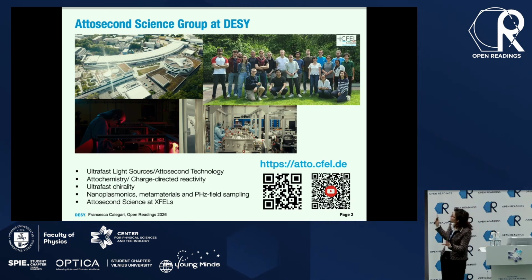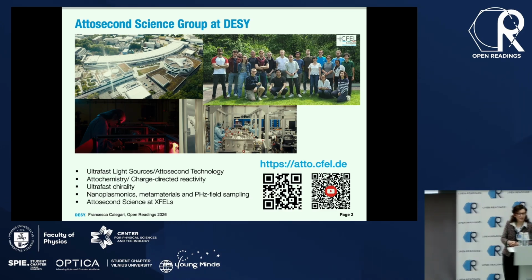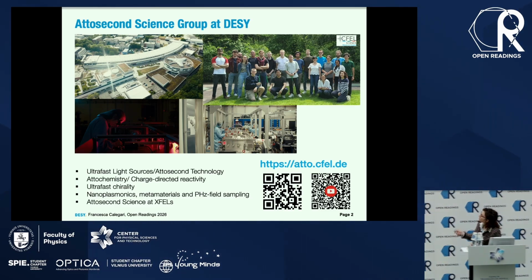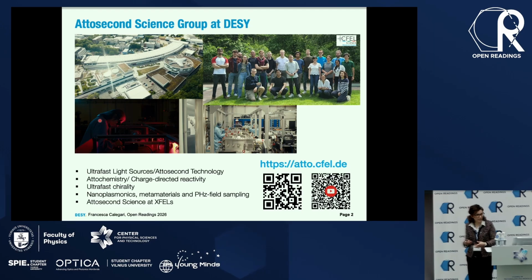Just as a very quick overview about the place where I'm working at, it was mentioned, I am part of DAISY and the Center for Free Electron Laser Science in Hamburg. Here you see an aerial picture, and what you see here is actually the synchrotron. It's a very big facility producing X-ray pulses.